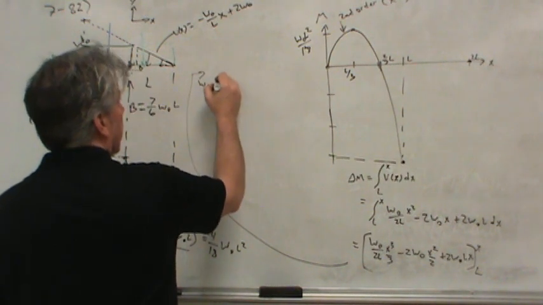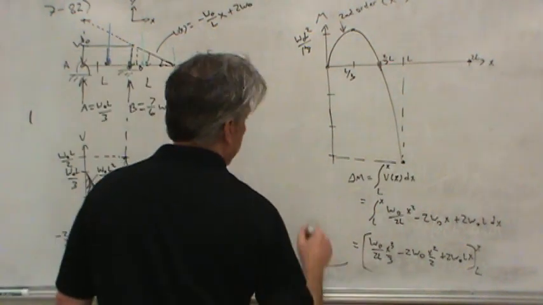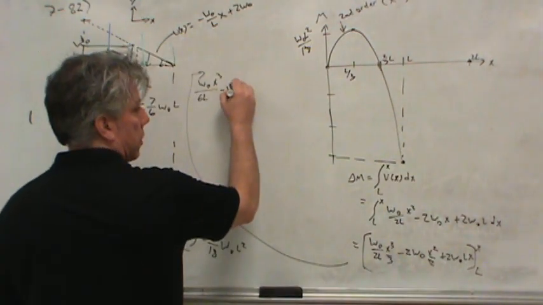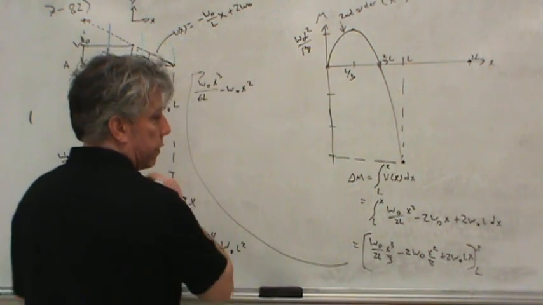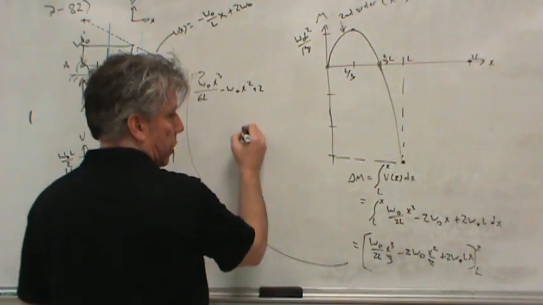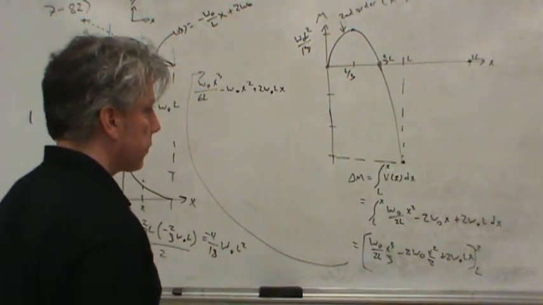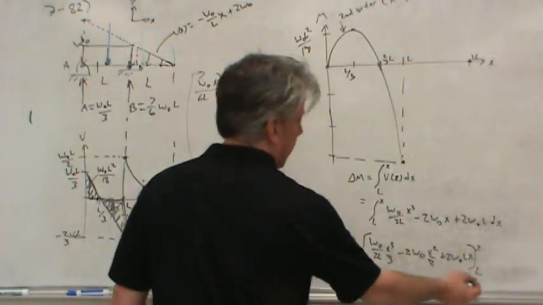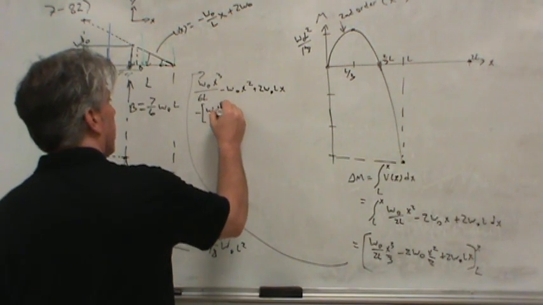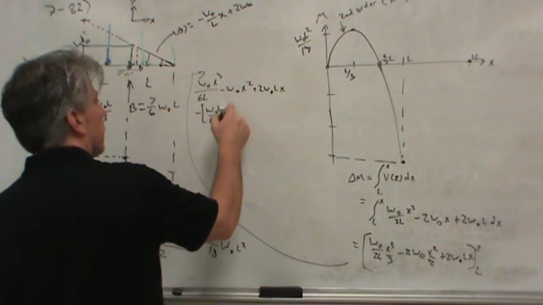W naught X cubed over 6L, put in the 2 with the 3, minus, let's cancel these two 2's, W naught X squared, trying to save some space, plus 2 W naught L x. And then we've got to subtract off the lower limit, so minus W naught L cubed over 6L. Of course, one of these L's will cancel, and we'll just have L squared.